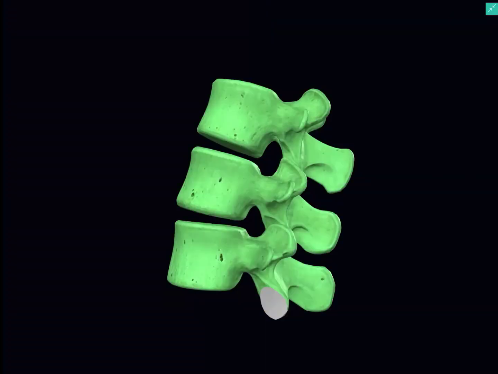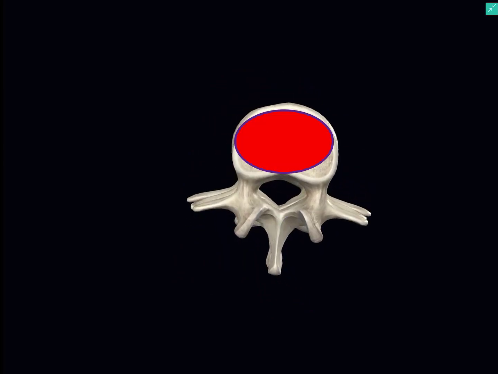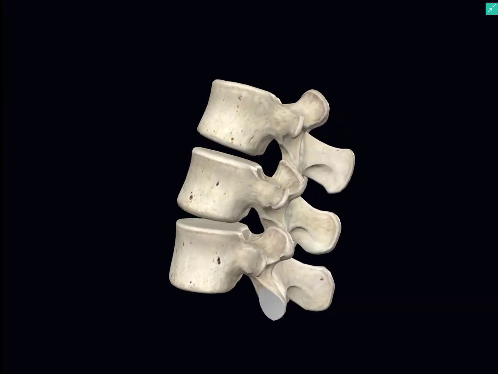We have talked about the typical features of the lumbar vertebrae, but now I want to tell you what the unique features of the lumbar vertebra are. It is obvious that the lumbar vertebra has a quite large vertebral body because it needs to support the weight that is above these vertebrae.